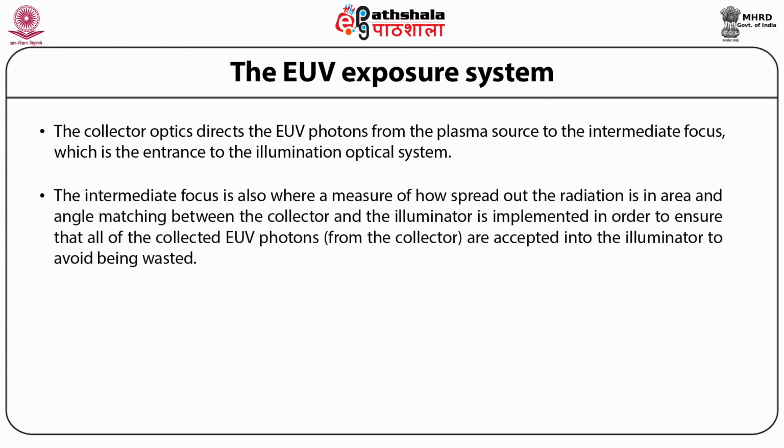The intermediate focus is also where a measure of how spread out the radiation is, in area and angle, matching between the collector and the illuminator is implemented in order to ensure that all of the collected EUV photons are accepted. So they are focused into the illuminator to avoid being wasted.